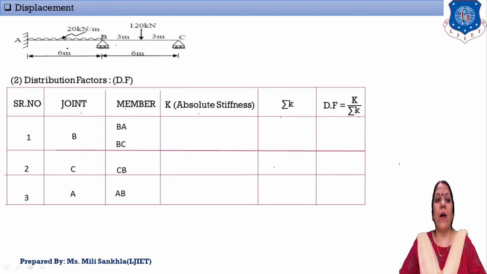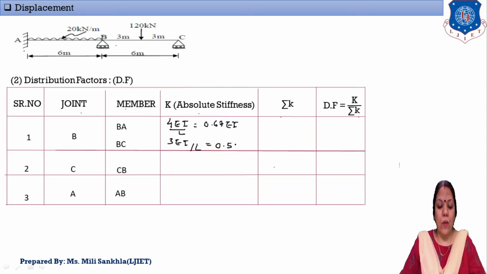For BA, our far end is fixed, so the absolute stiffness for a far end fixed is 4EI by L, and the absolute stiffness for a far end hinged is 3EI by L. Now sigma K, the summation: the first one is 0.67 divided by EI, and the second is 0.5 divided by EI, because here we take L equal to 6 meter.